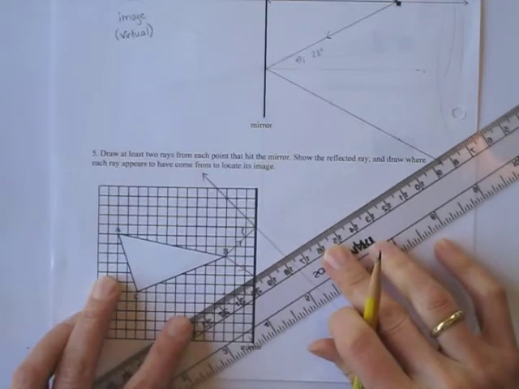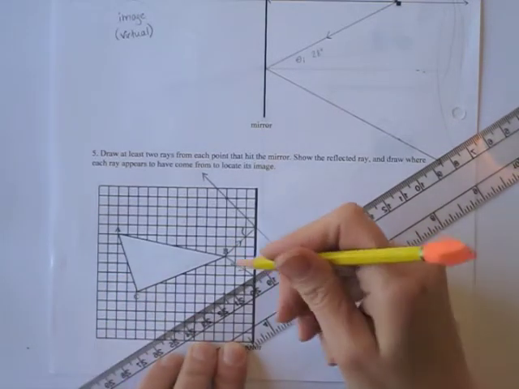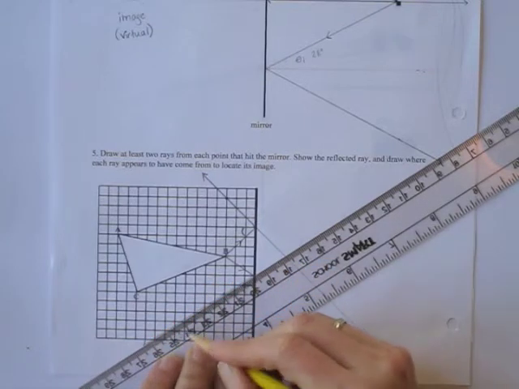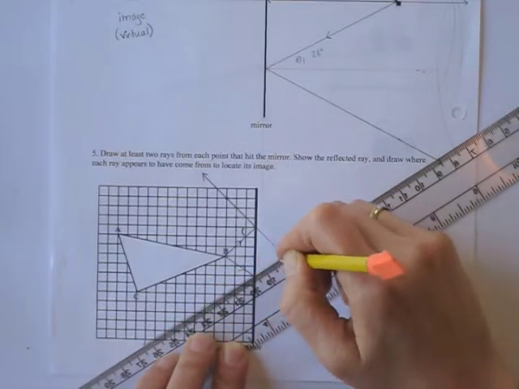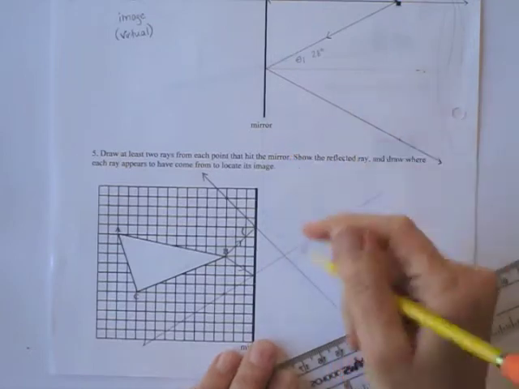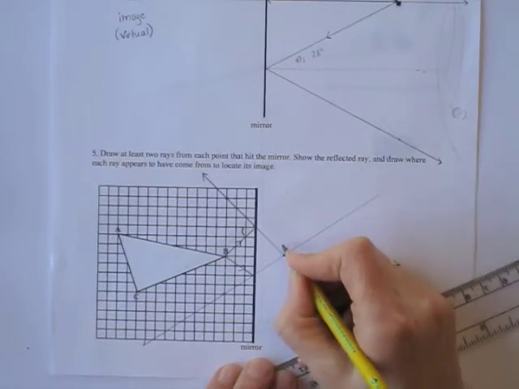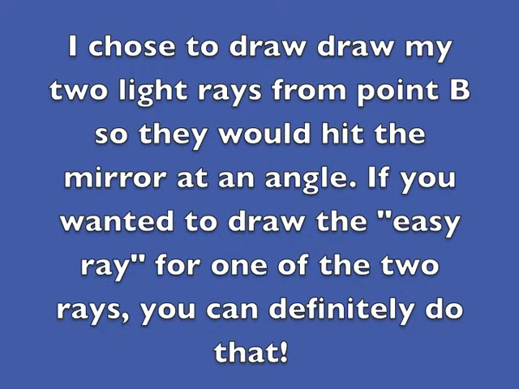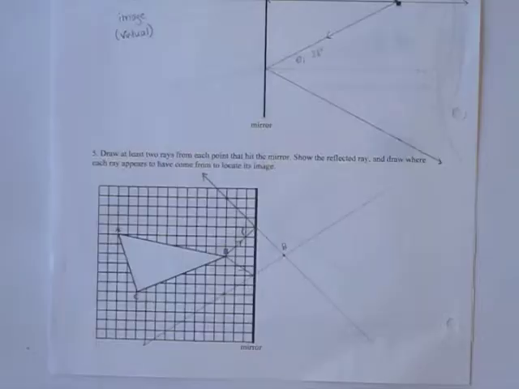So it's going to have this angle. And that light ray, the brain is going to think that one came from here. So here is my image of point B. Now go ahead and find the image of points A and C.